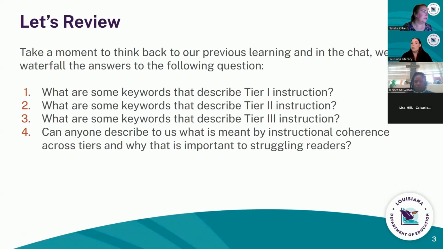Okay, we're going to do the same thing for tier two, just keywords that you remember that describe tier two instruction. And then when I say go, we'll all hit enter and put our answers up. Okay, go.